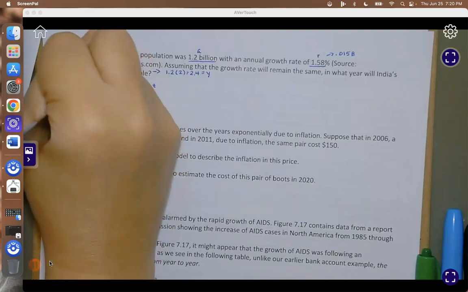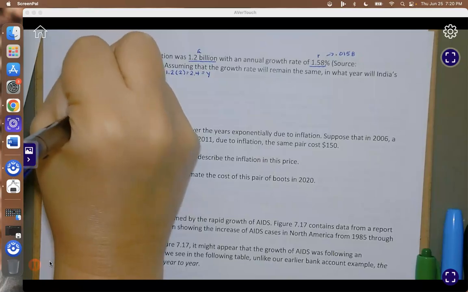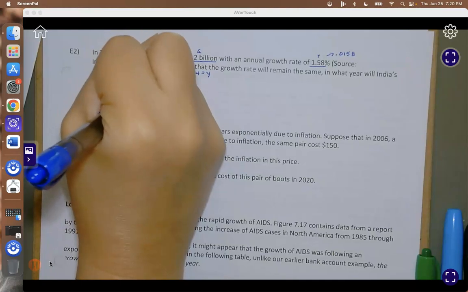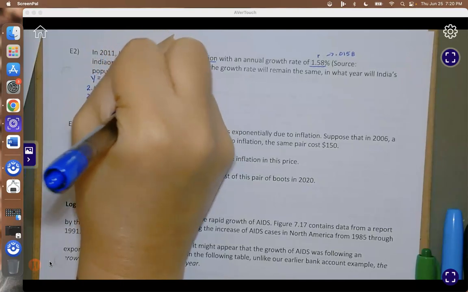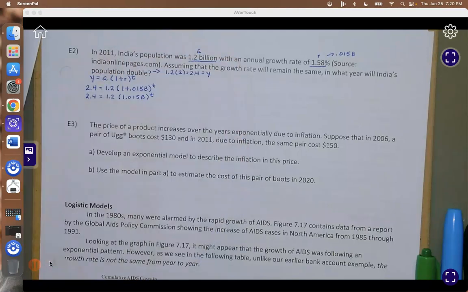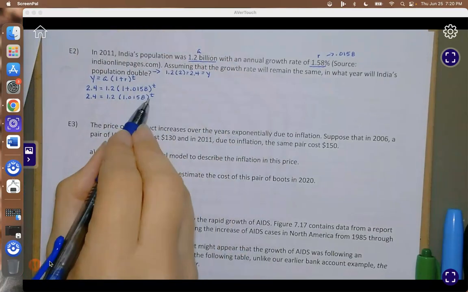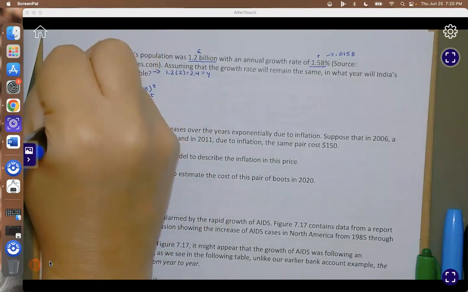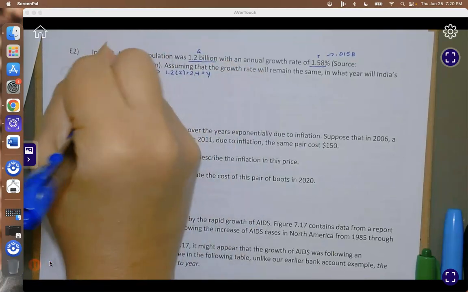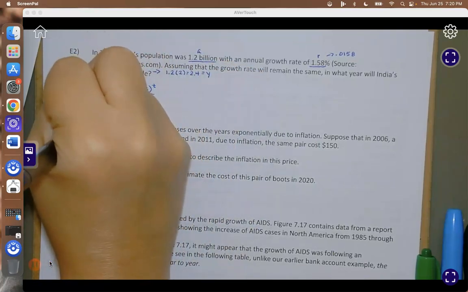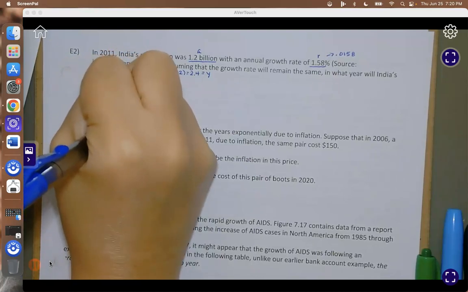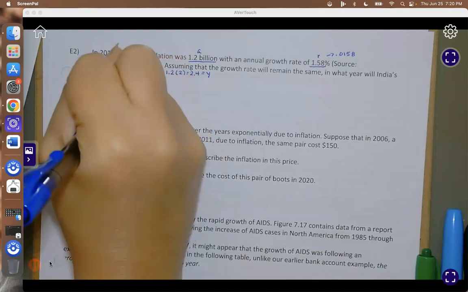Okay, so this is really 2.4 equals 1.2 times 1.0158 to the t power. Now, we know if we're trying to solve for t that we can move the 1.2 over by division. So that's going to leave me with 2 equals 1.0158 to the t power.